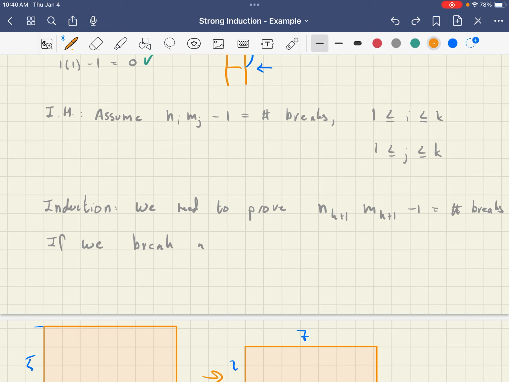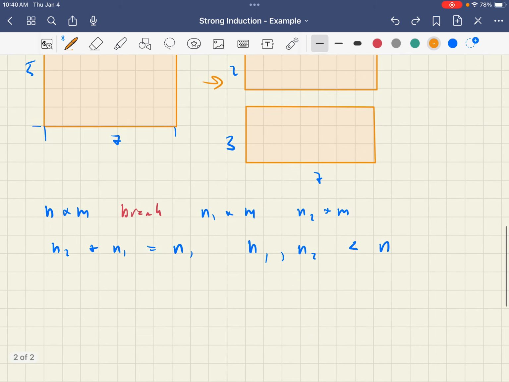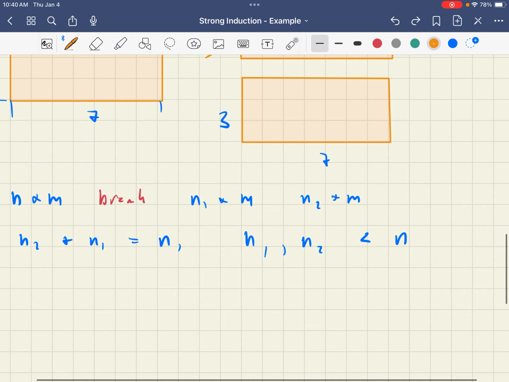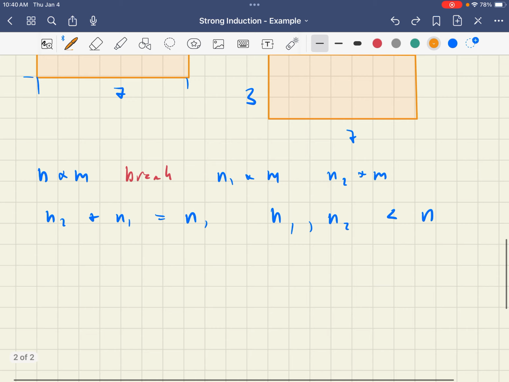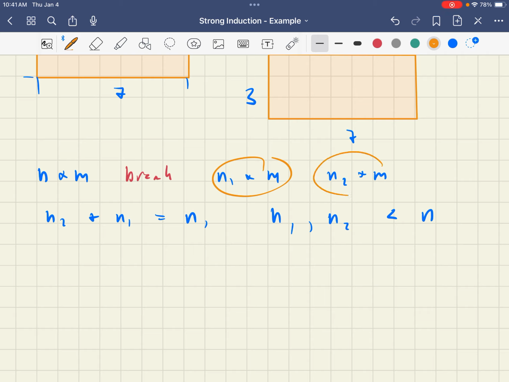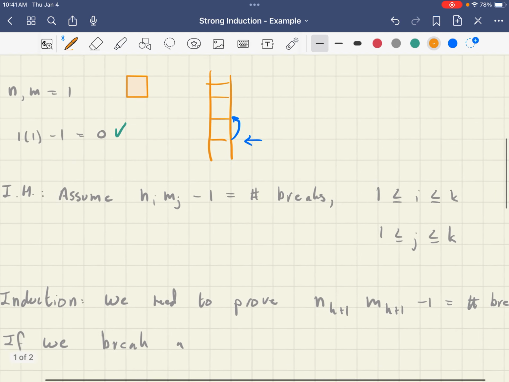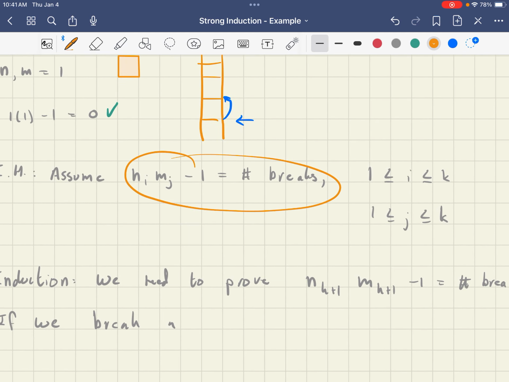And we're assuming that for that bar, this is true, right? So what we did here is when we broke it, now we have 2 bars, n1 plus m and n2 plus m, that we're both assuming follow this assumption.